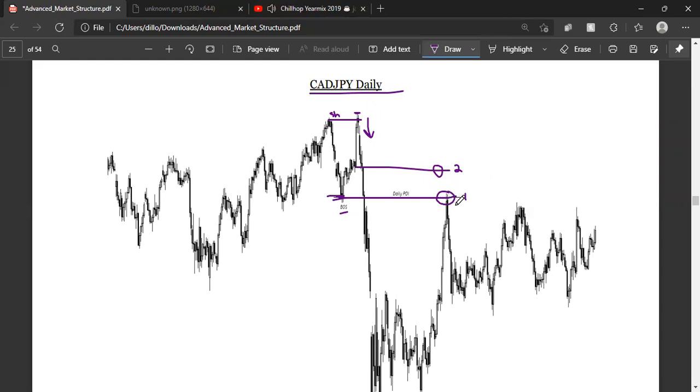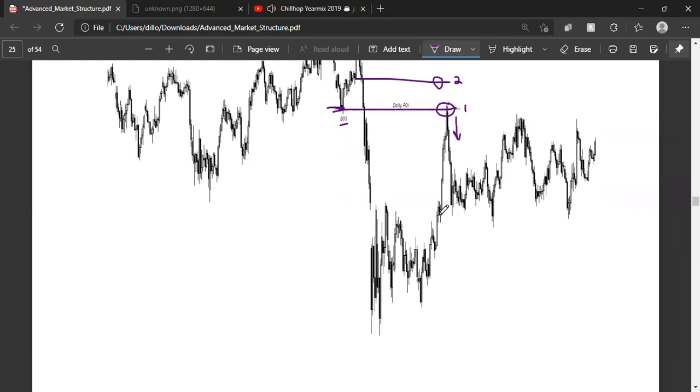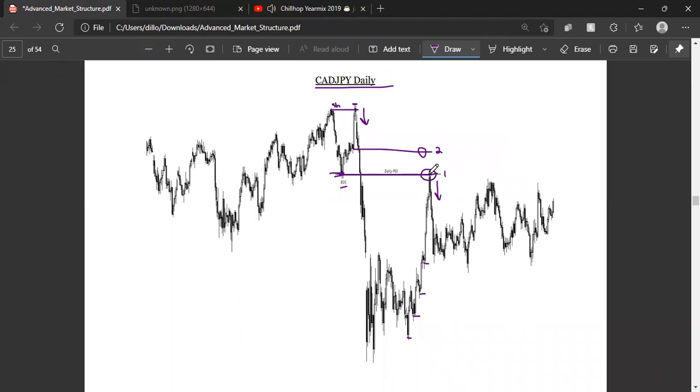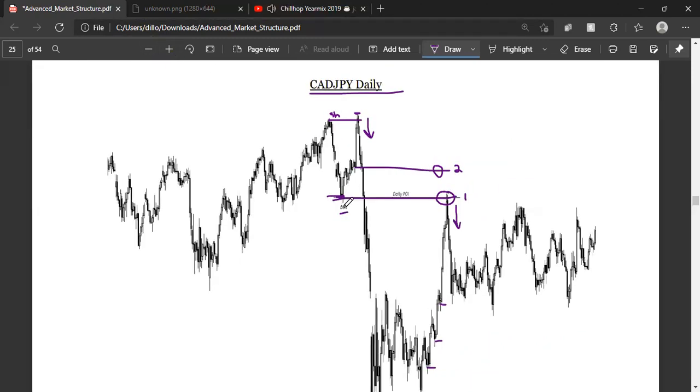Well, this immediately gave a rejection. But if we look, right, there's not really that really clear of a break of structure. But I like the way that this rejected from this structure here.